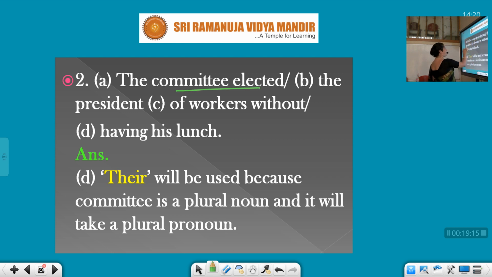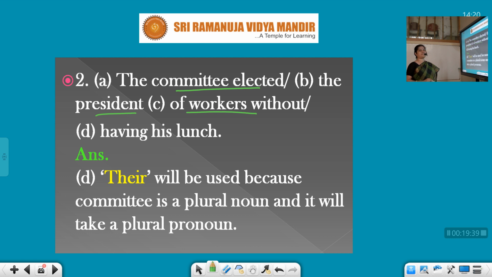Are they electing the workers? No. They elected the president. Why have they elected the president? Because he has to be the president for the workers. They elected the president of the workers, meaning the president is working for the workers.